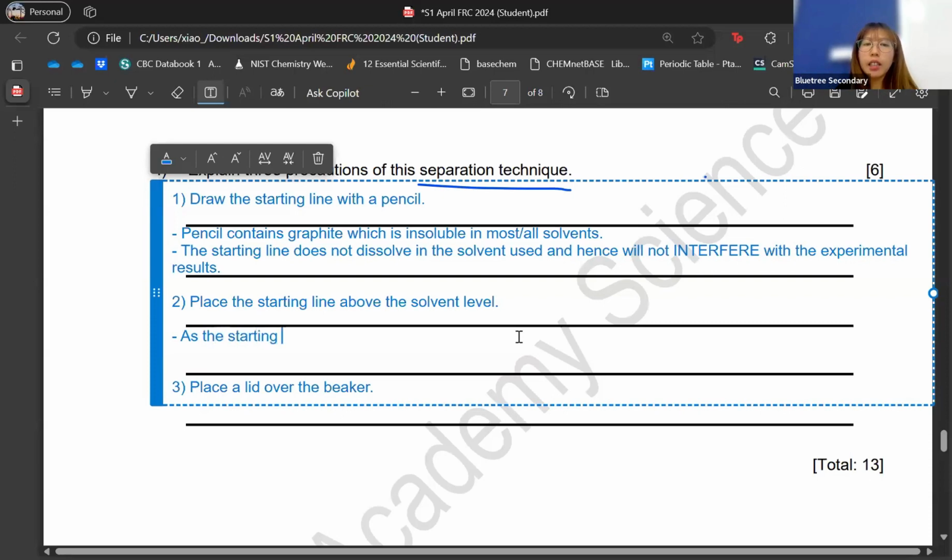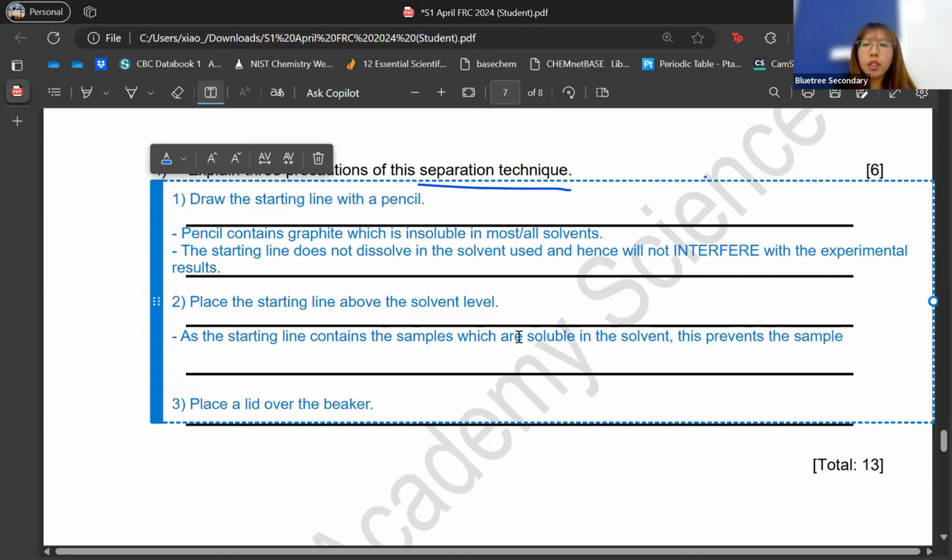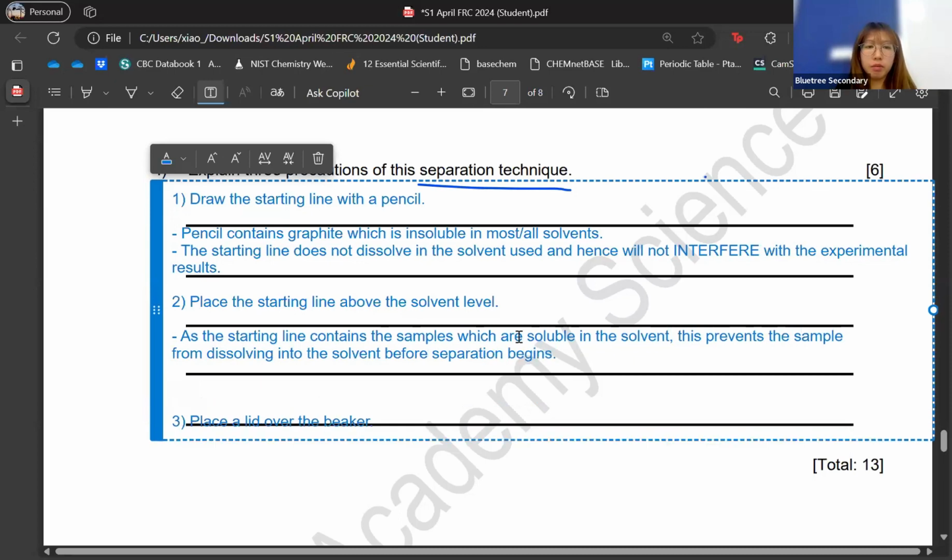As the starting line contains the sample which are soluble in the solvent. Okay, this prevents, so this refers to by placing the starting line above the solvent level, this prevents the sample from dissolving into the solvent before separation begins.